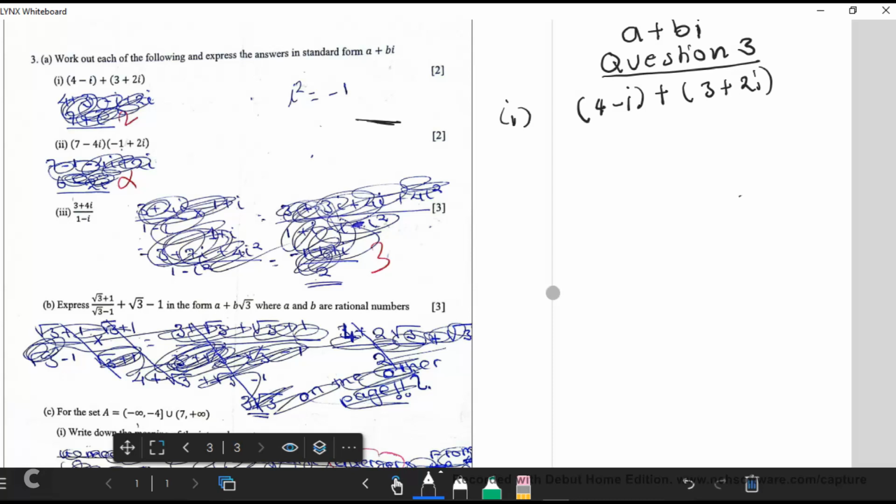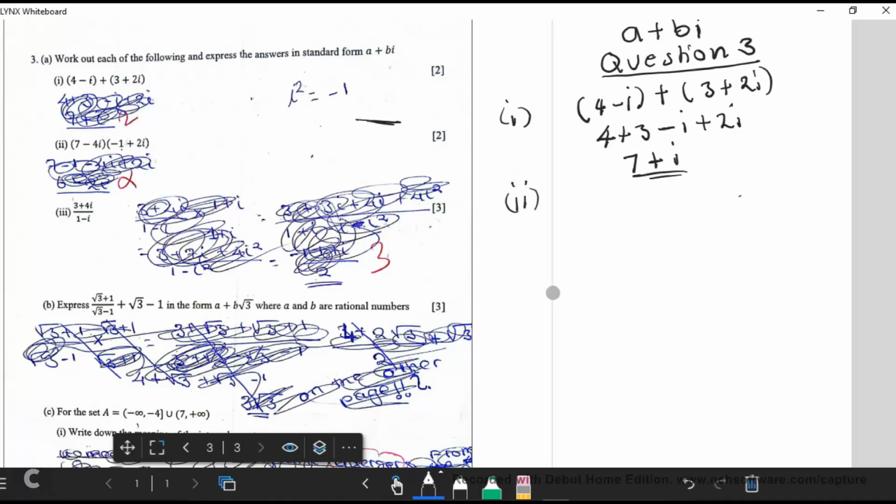That's how we add. So it will be 4 plus 3, then minus i plus 2i, meaning here to be 7, there to be plus i. That's how we find it.